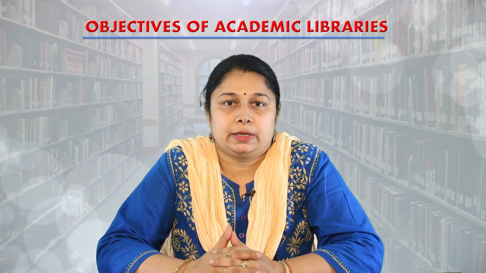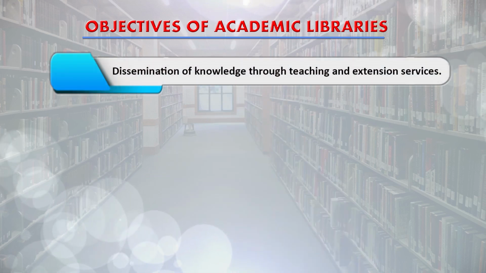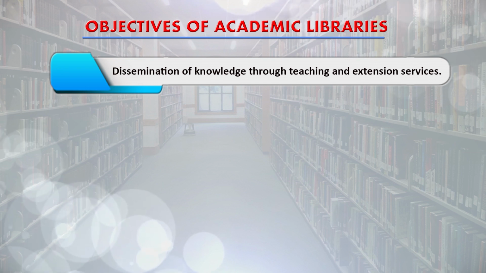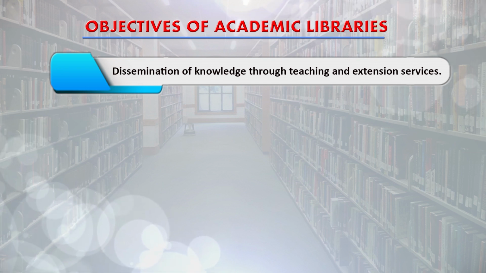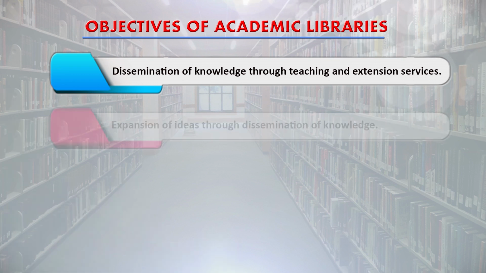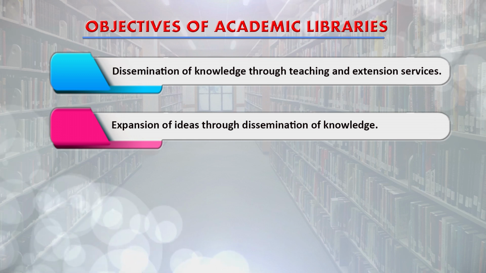Now, coming to the objectives of academic libraries. The main objective of an academic library is to disseminate knowledge through teaching and extension services. Extension services means additional services which are provided by the library apart from their routine services. Then, expansion of ideas through dissemination of knowledge.